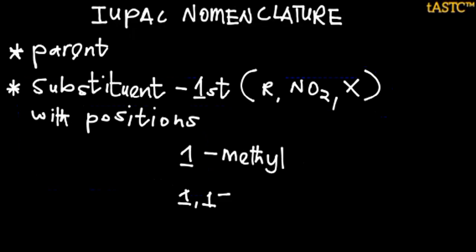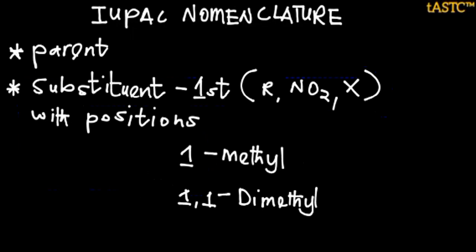And since you've got 2, you need to represent it in Greek form. So that will be dimethyl. If it's the methyl group present there, then you're going to say dimethyl. So this is typically what you've got.